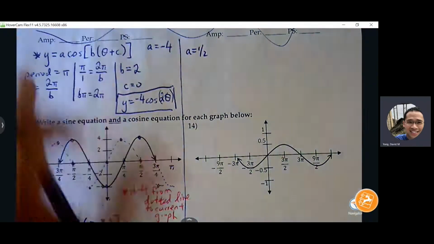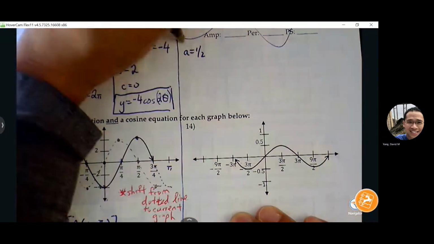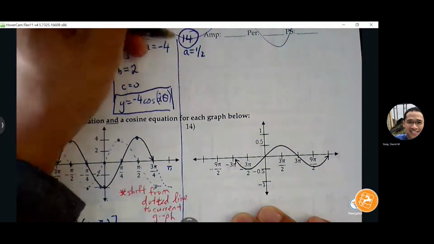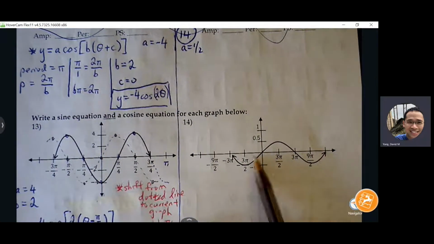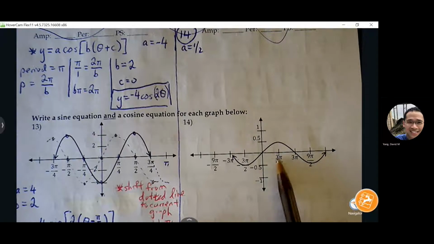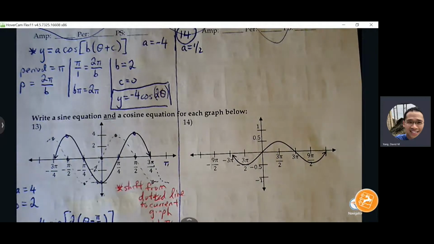I'm going to use the space above, give myself plenty of room here. Okay. We see these increments here. Any idea what the period is for this sine function? 6 pi, yeah.